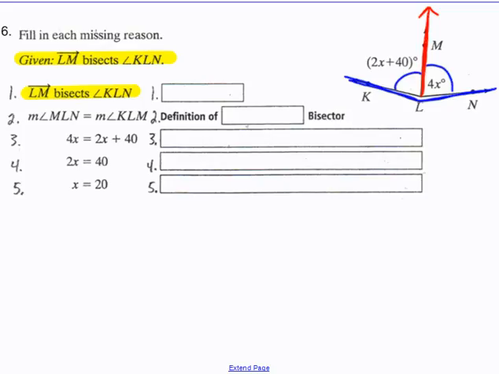So if we look at what is going on in the proof, we see LM bisects KLN, and that first reason, of course, is the given, what they give you in the beginning. Now we move over to what's changed between these two. Well, they've given us a hint even. It says that the measure of MLN and the measure of KLN are equal. Well, that is true because it's the definition of an angle bisector.